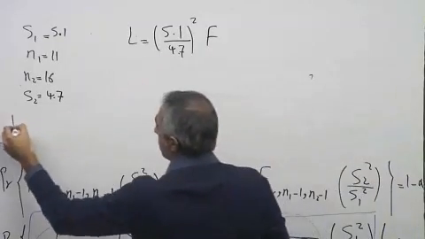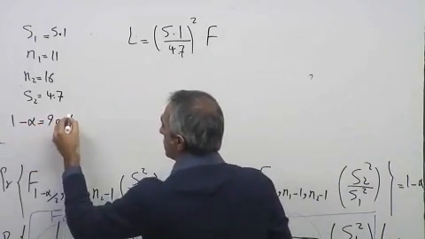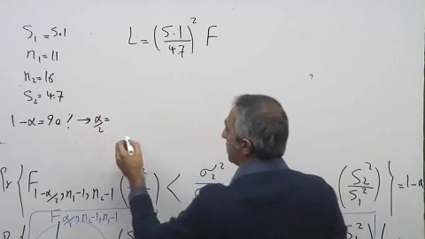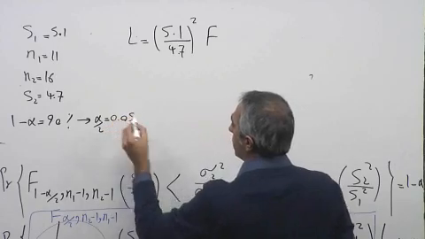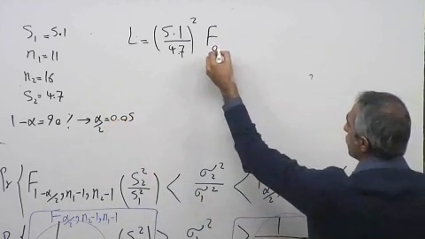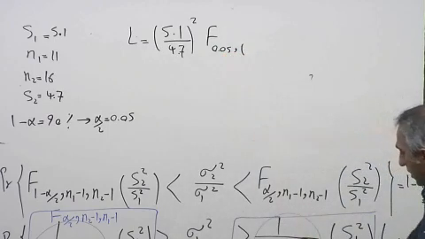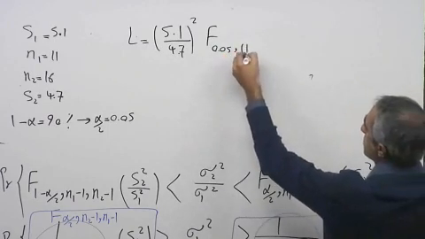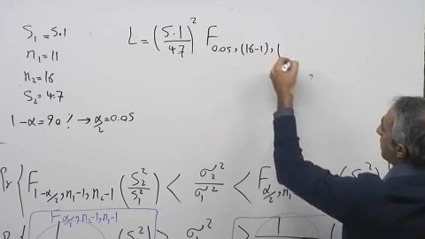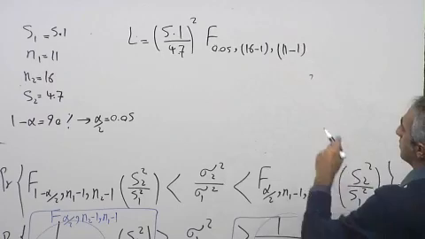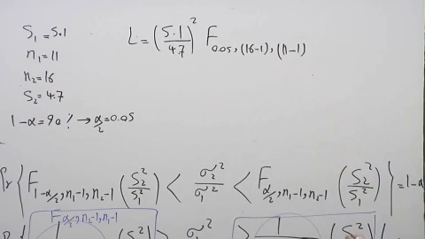So 1 minus alpha is 90%. Your alpha over 2 is 0.05. So 0.05, and 2 minus 1, which is 15, and 1 minus 1, which is 10. That's for the lower bound.